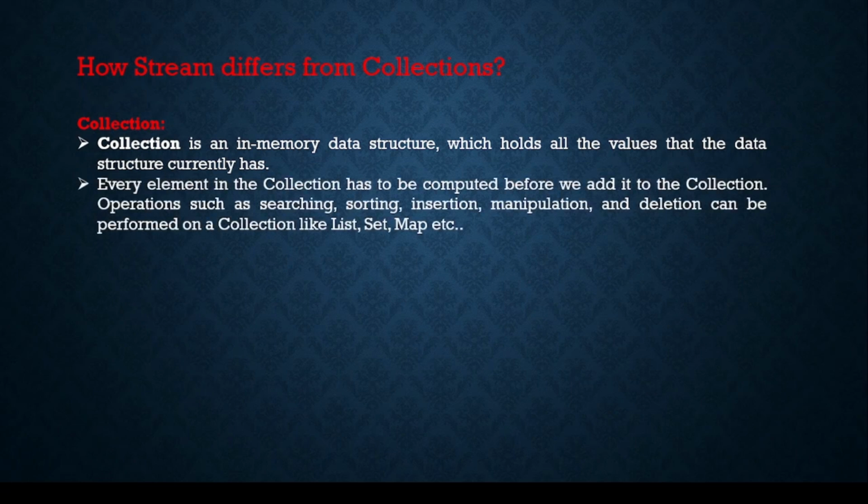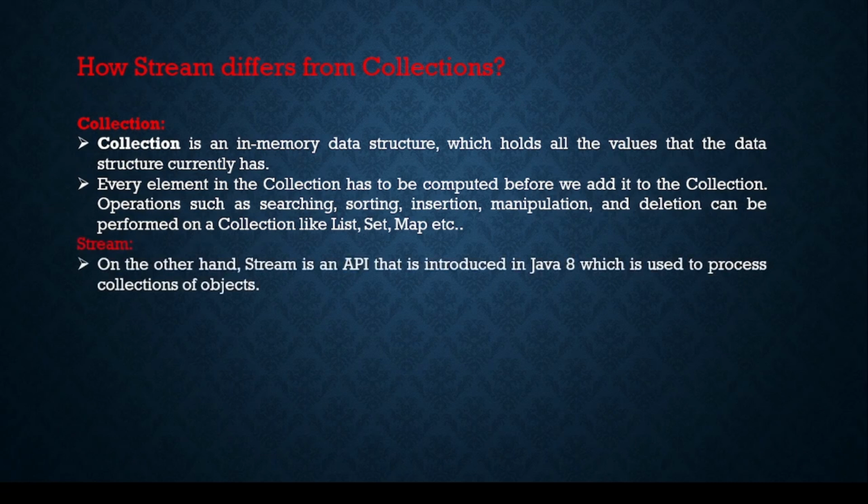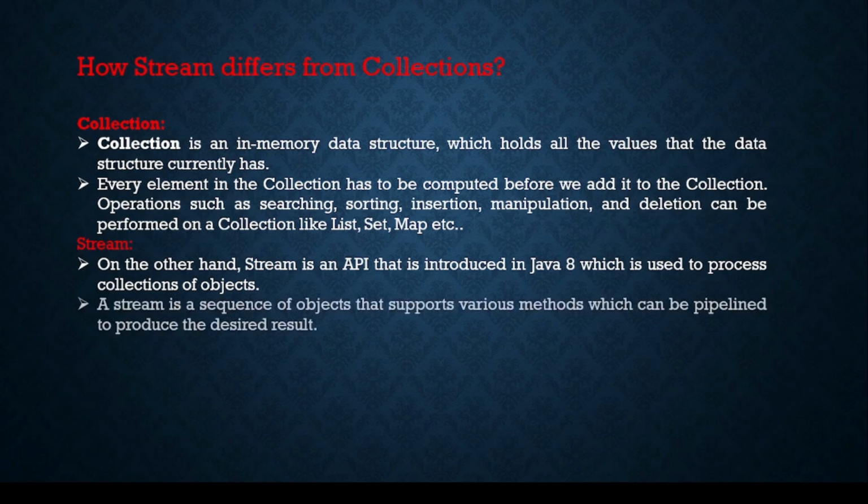Every element in a collection has to be computed before it is added. Whatever operations we perform on the collection, such as insertion, sorting, searching, manipulation, deletion. On the other hand, the stream API was introduced in Java 8. Collection stores the data, whereas stream processes that collection data.